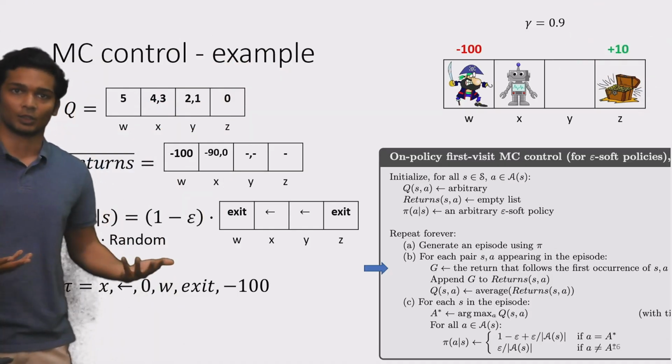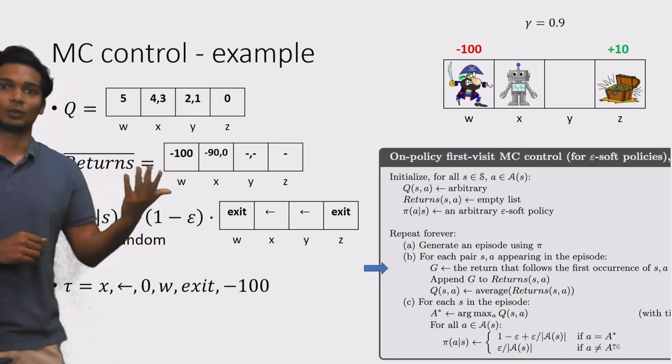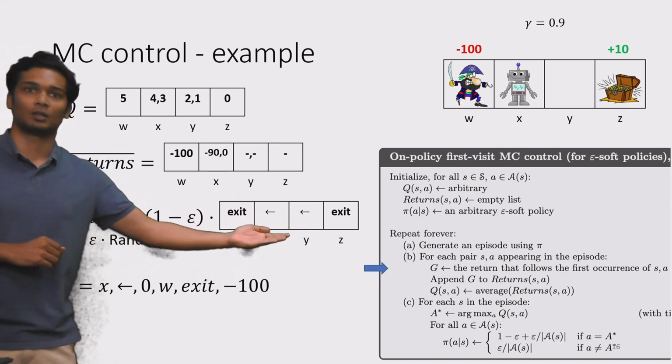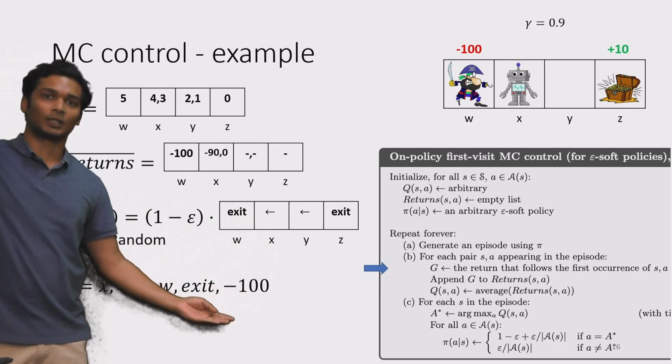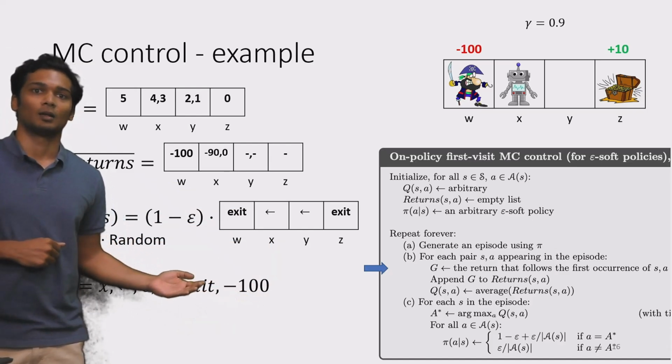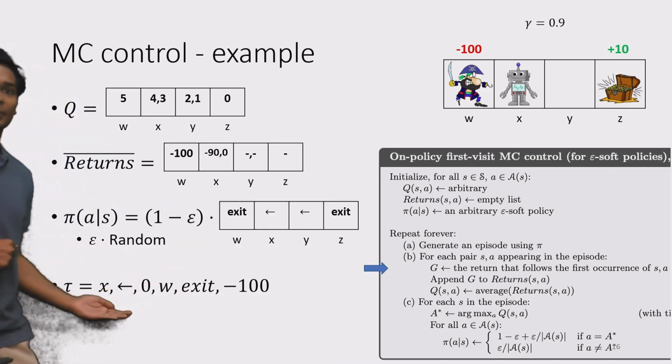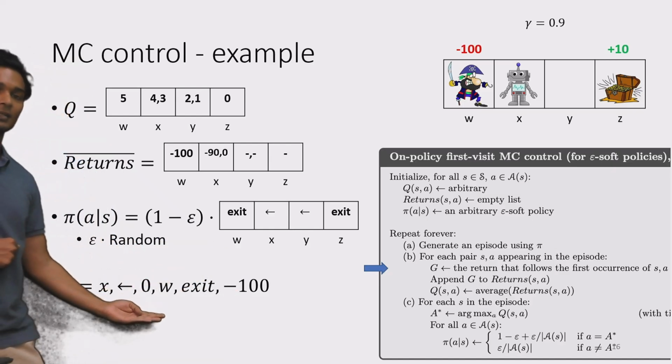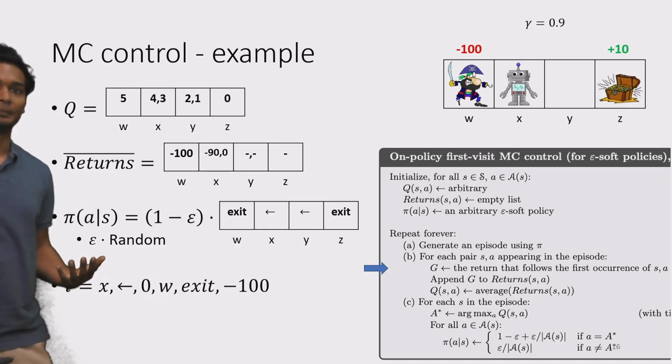The immediate reward is 0, and then the future discounted reward, once you reach state W, we discount using gamma. So it would be -100 times 0.9, so our return for state X and action west would be -90.